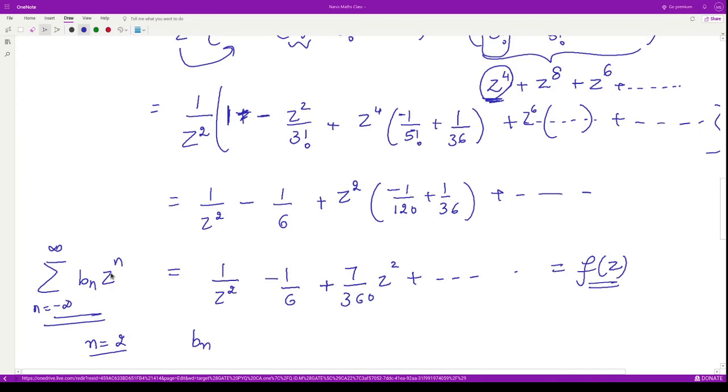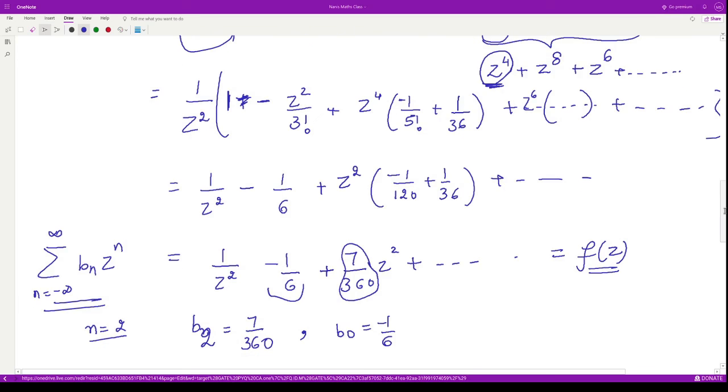So bn simply would be this term, b2 I mean, when n is 2. So b2 would be 7 by 360. Yes, and if you see this term, this would be our b naught. So b naught would be minus 1 upon 6, right?